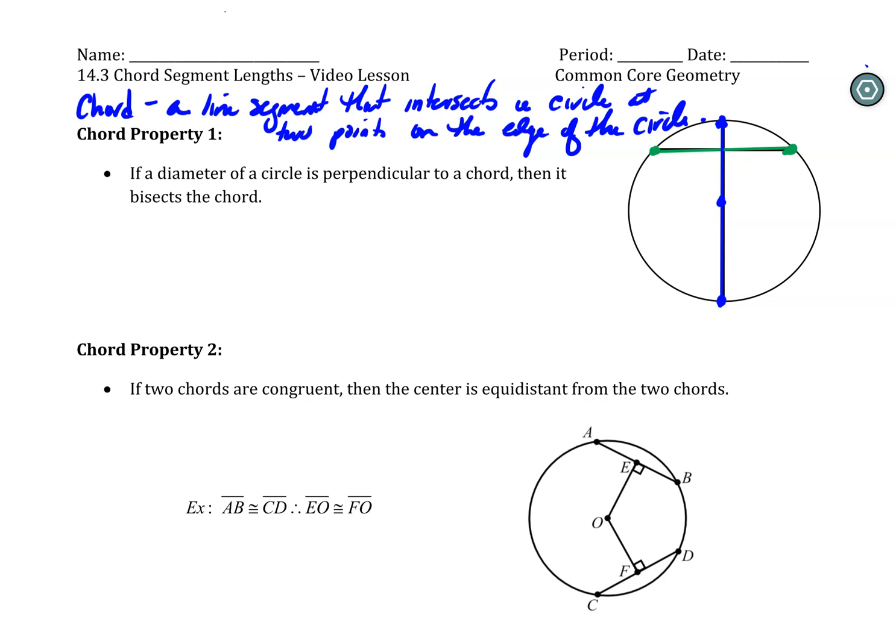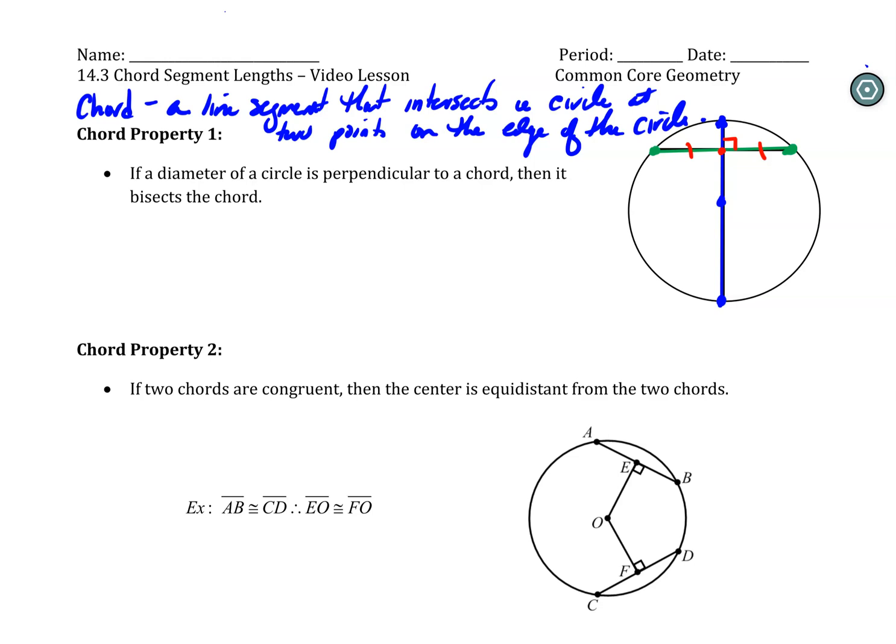All right, so in this situation, if the blue line is a diameter, which I'm telling you that it is, then the chord here has been bisected if it is perpendicular to the chord. So if this is in fact a 90-degree angle, then this chord gets broken up into 2 equal pieces, aka where it intersects would be a midpoint of that line segment.